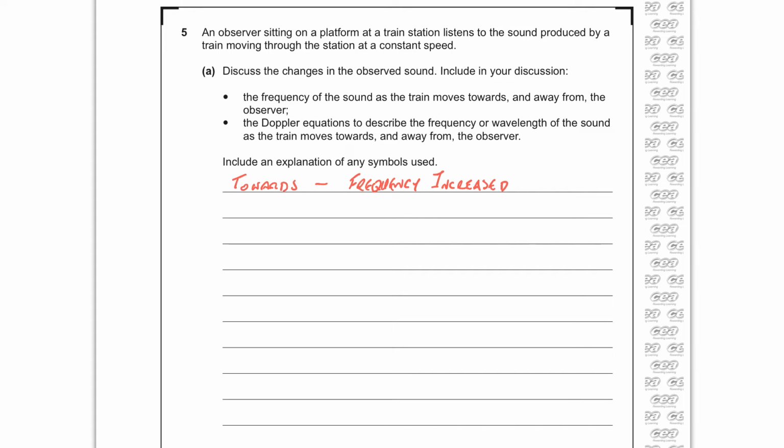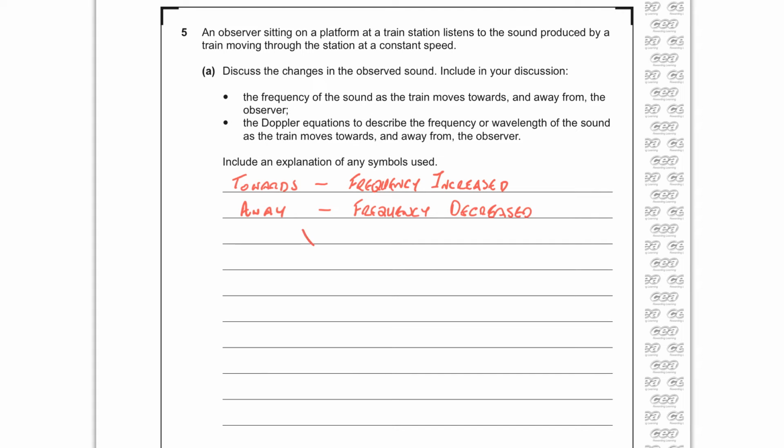Be careful about using those words. So towards, if it's coming towards us, the frequency will be increased, and then we do away and frequency will decrease. And the second part, to describe specifically the Doppler equations relating to the frequency or wavelength of the sound as the train moves towards or away from us.